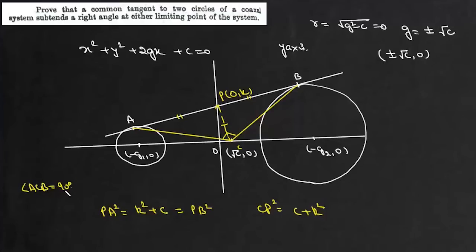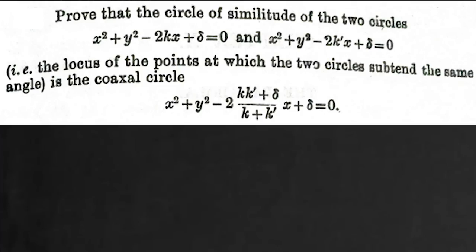prove in this question. Now here the question is, prove that center of similitude of two circles, that is locus of the point at which two circles subtend the same angle, is a coaxial circle. Now we have two circles which are x square plus y square minus 2kx plus delta equals to 0, and x square plus y square minus 2k dash x plus delta equals to 0.